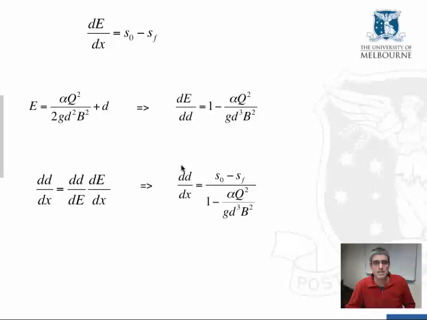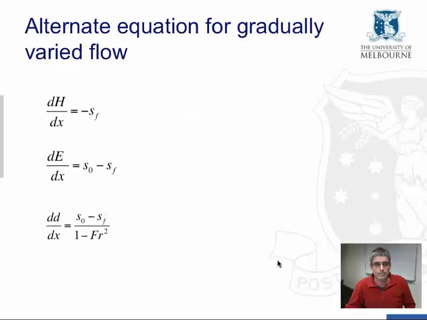So we get the change in depth with distance along the channel equals the bed gradient minus the energy gradient divided by this term, and this term here is one minus the Froude number squared. So it's S0 minus SF over 1 minus Froude number squared.